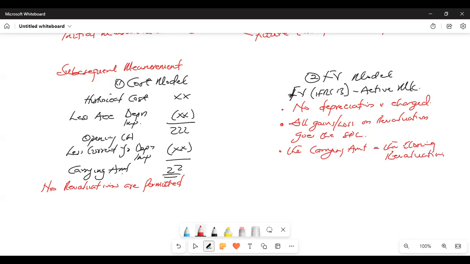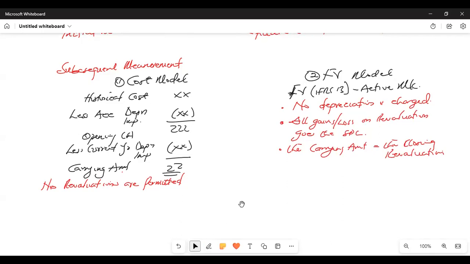Please, any question at this point? All right. So the standard says that where it is impossible for you to use the fair value model, then please use the cost model. Where it is impossible for you to use the revaluation model, please go back and use the cost model.